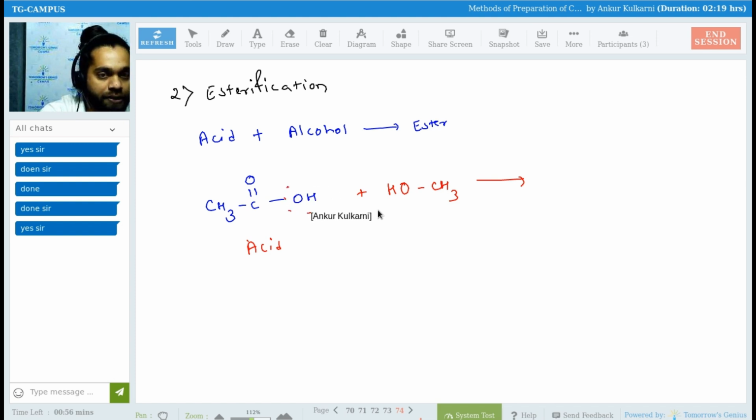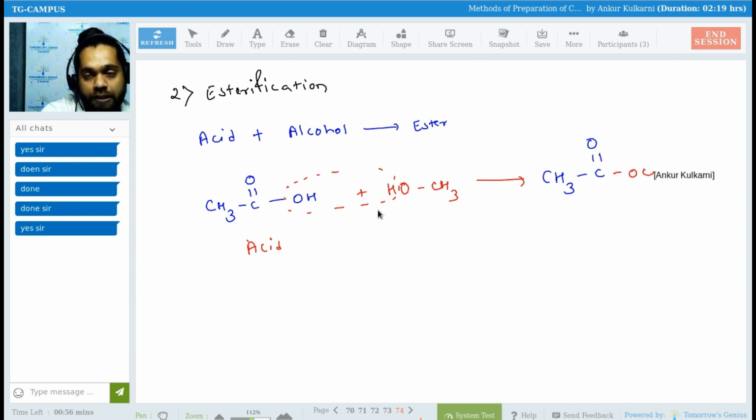Esterification. H2O will go away and you'll get an ester. CH3, C double bond O, O, CH3. This is your ester. So hence we call it esterification. I'll come to the mechanism of this. First, write it down: acid plus alcohol will always give you ester.